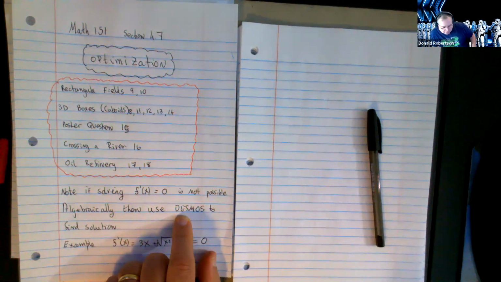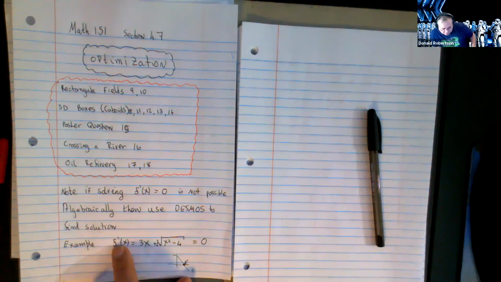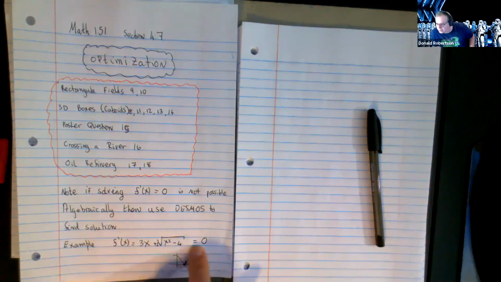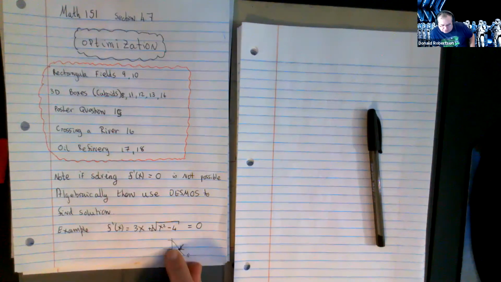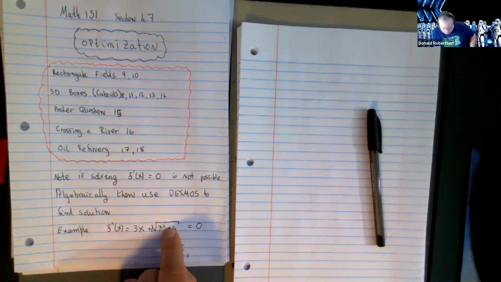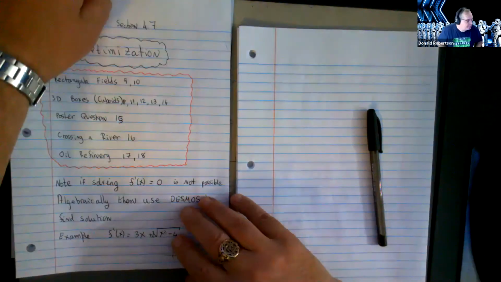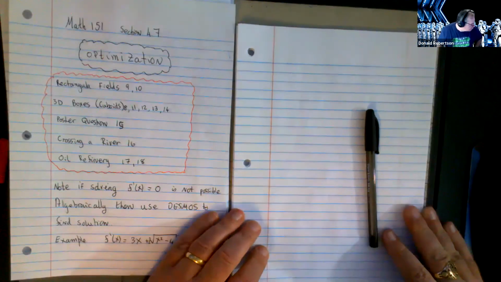An example is, suppose you had your derivative and it was this guy. You don't really want to try and solve that. Would you agree that would not work well algebraically? So imagine you plug it into Desmos, and wherever it crosses the x-axis is the number you look for. That is going to happen, just giving you a heads up, so when it does, we won't be too surprised.